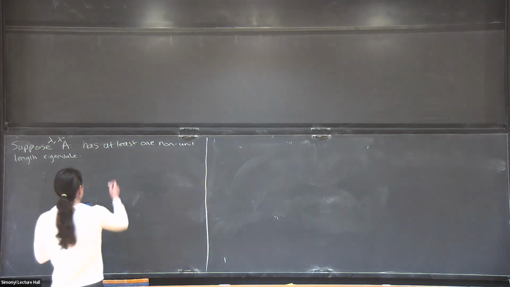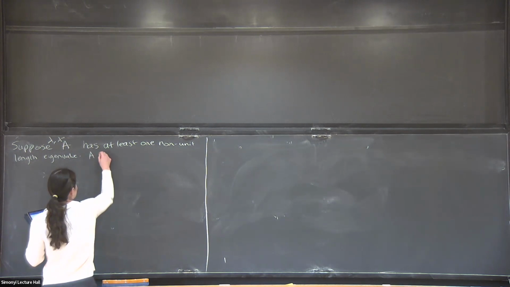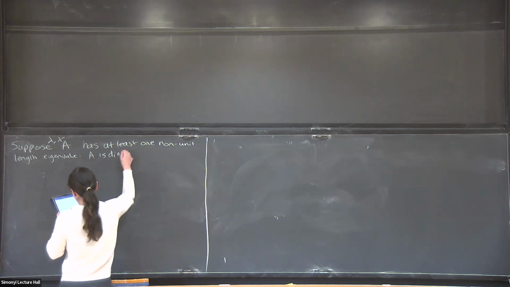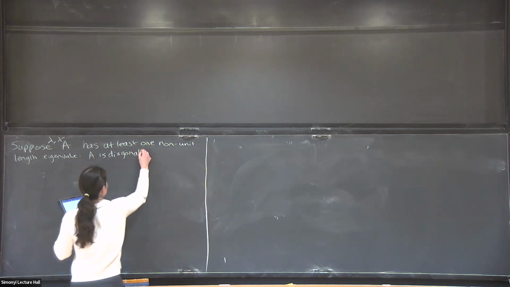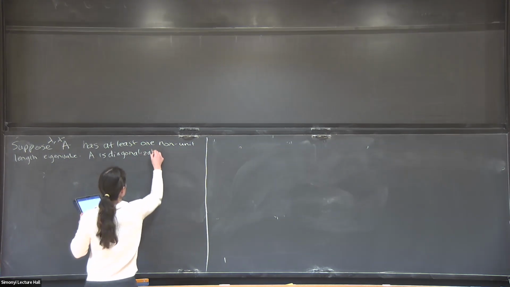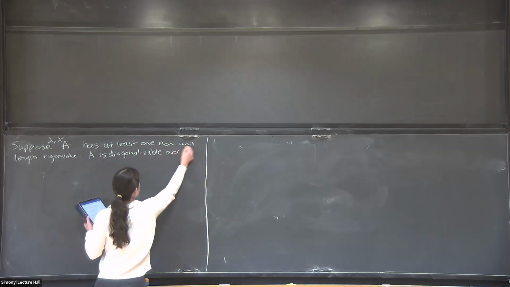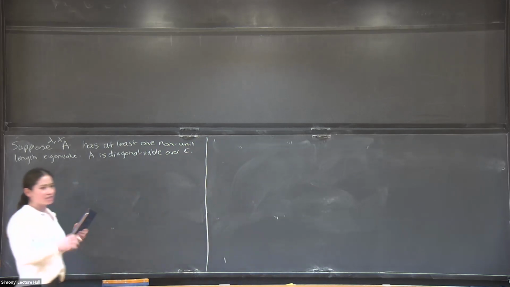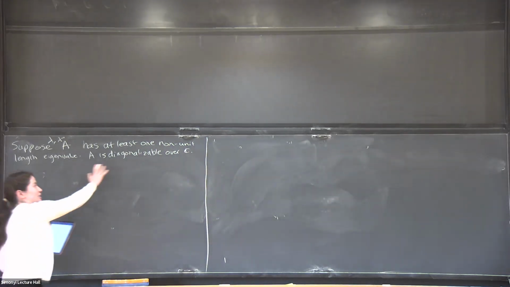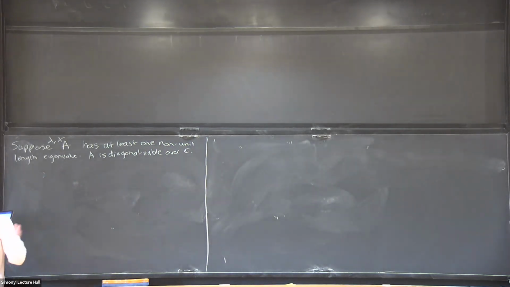Okay. I also want to assume that A is diagonalizable over the complex numbers. You can actually say something slightly weaker than this, but for the sake of simplicity, that's what we'll go with.